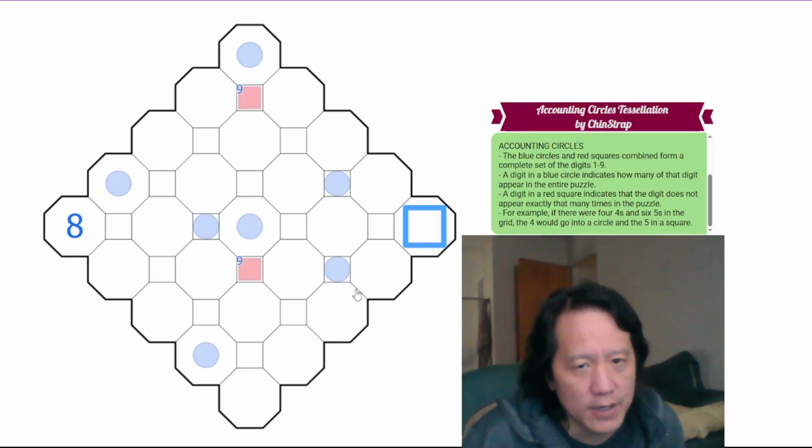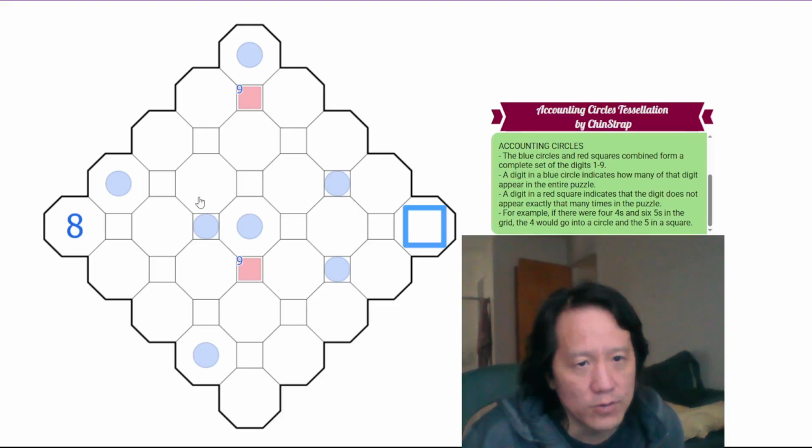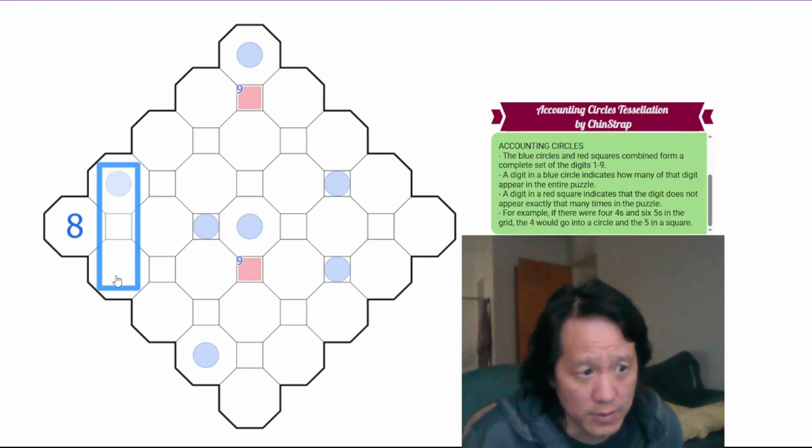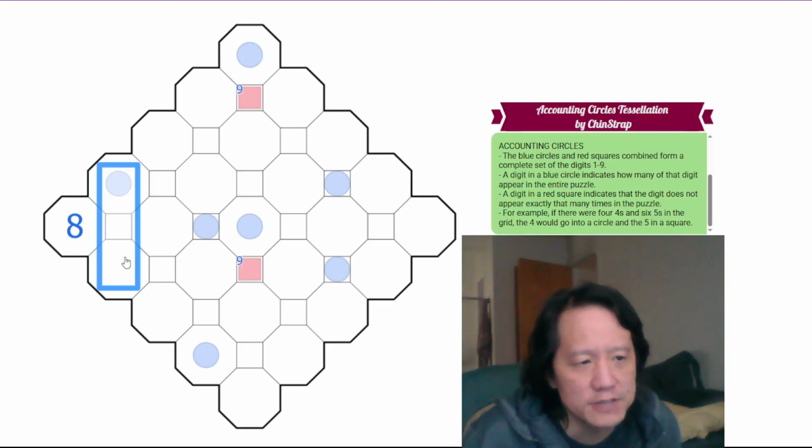So 8 could not be here, 8 could not be here in the row, 8 cannot be here in this column. You potentially could have a full 8.